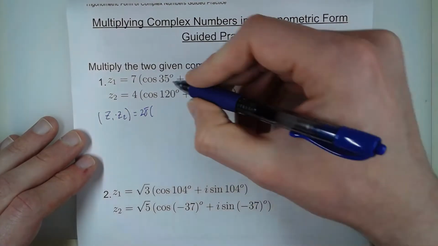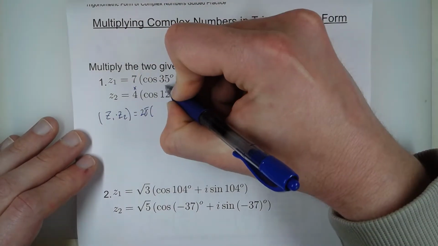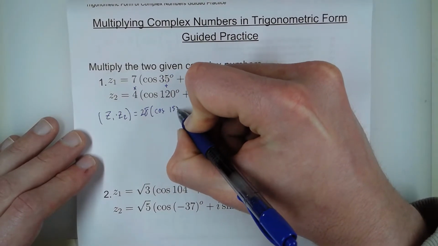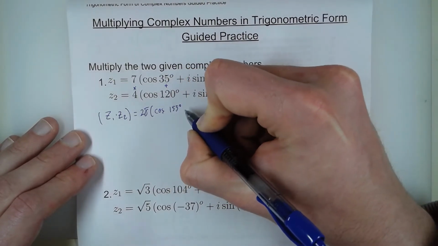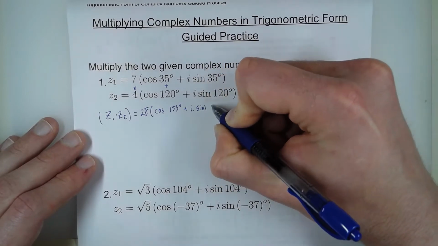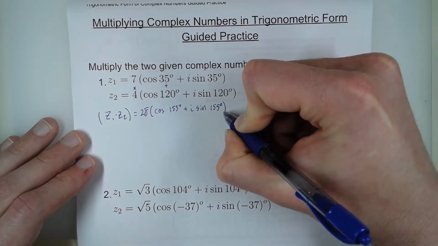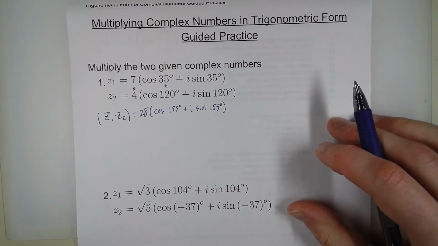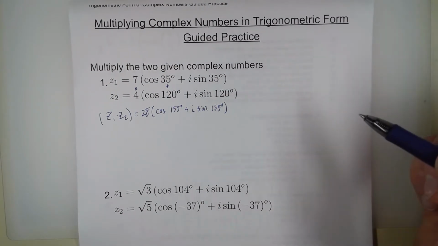And you take the two angles and you add them. So this is going to be 28 cosine 155 plus i sine 155. And so this is what we get when we multiply these two complex numbers.